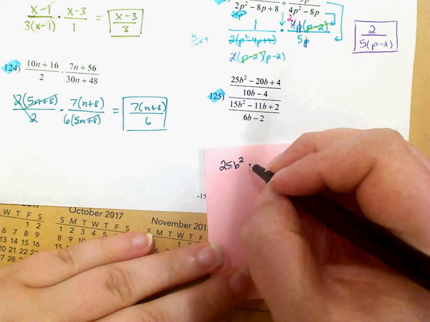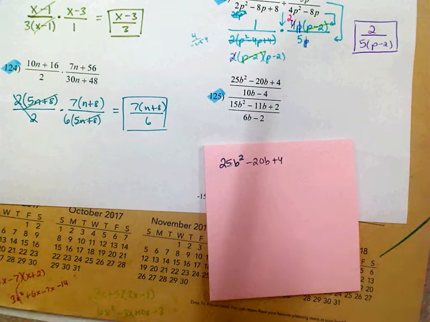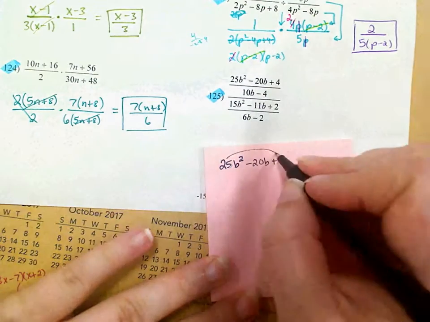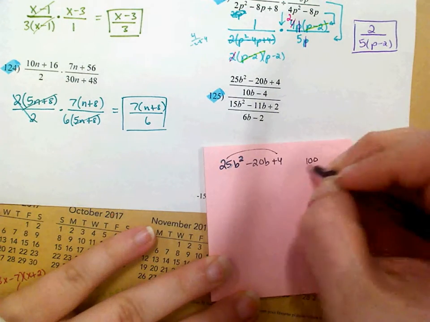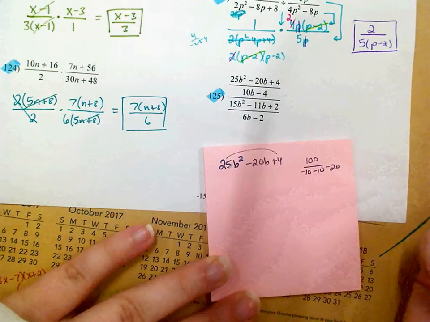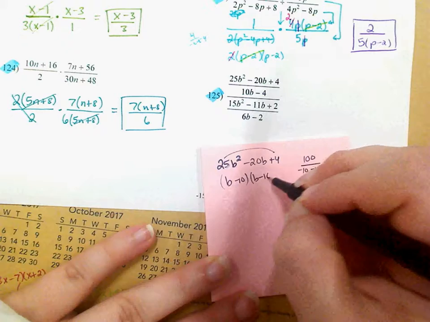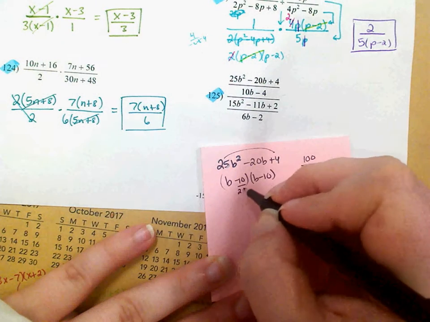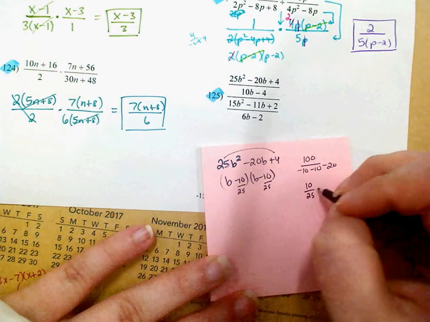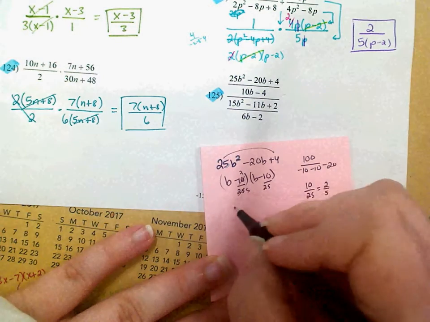Okay, there is no common factor of 25, 20, and 4, so I've got to do bottoms up. The factors of 100 that add up to negative 20 are negative 10 and negative 10. So I've got b minus 10 and b minus 10, but I've got to remember to divide by 25. 10 25ths is the same thing as 2 fifths. So it's actually 5b minus 2 times 5b minus 2.